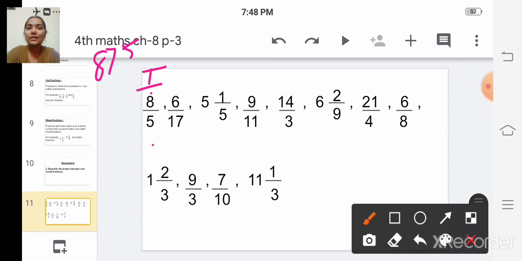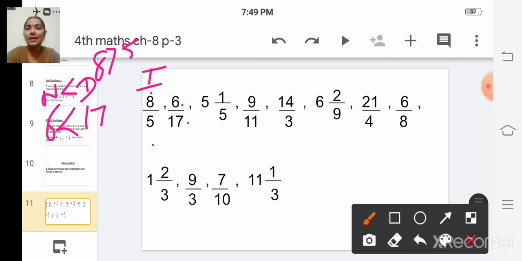Look at the next fraction, 6 divided by 17. The numerator 6 is less than 17. So the numerator is less than denominator.